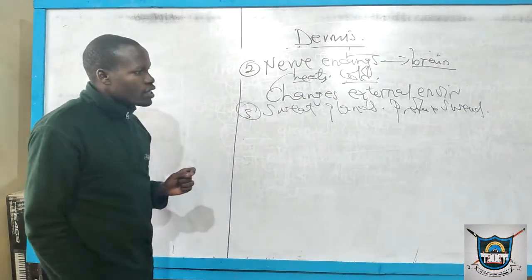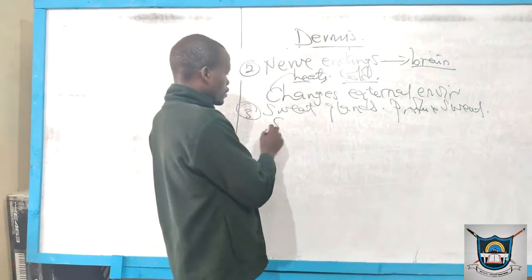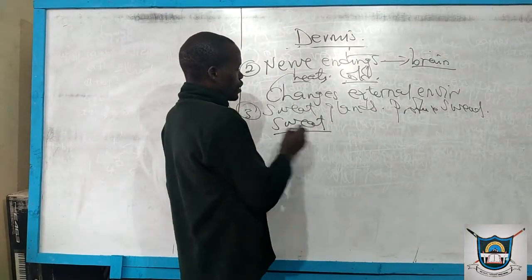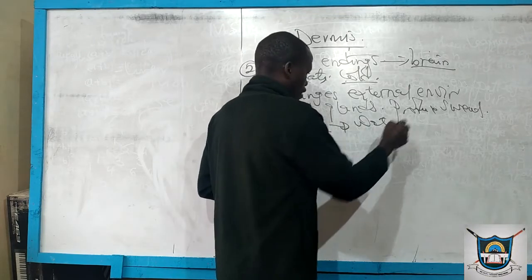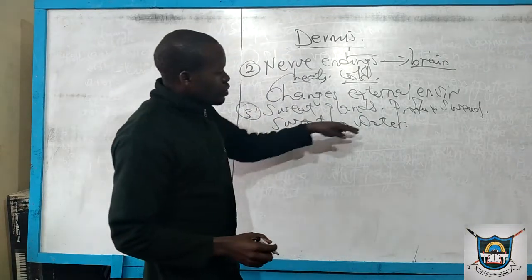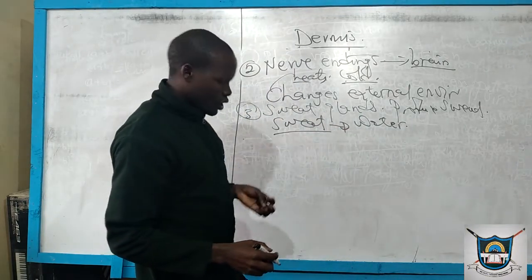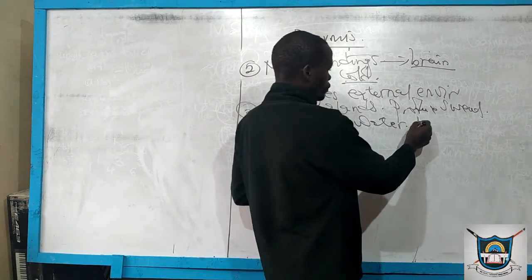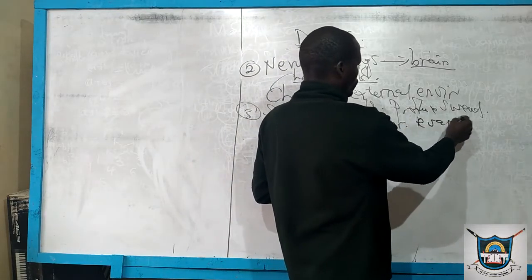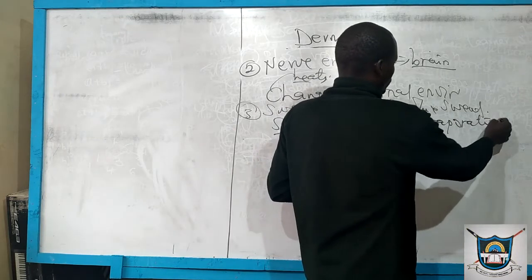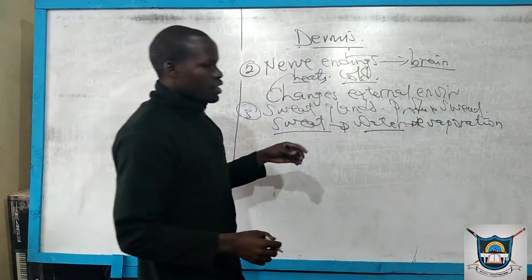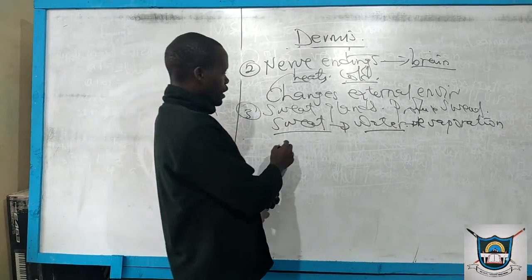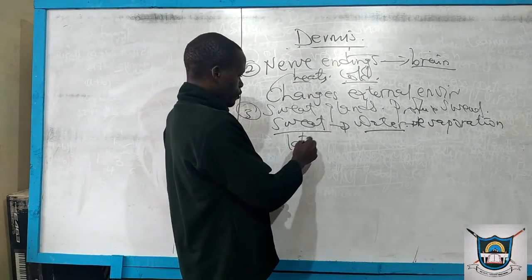So what happens is that in the sweat we have water, among other items. Now this water, on evaporation, as it evaporates, releases or else does away with the latent heat of vaporization.